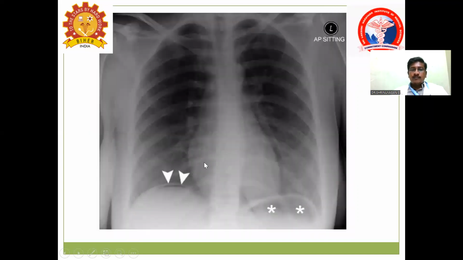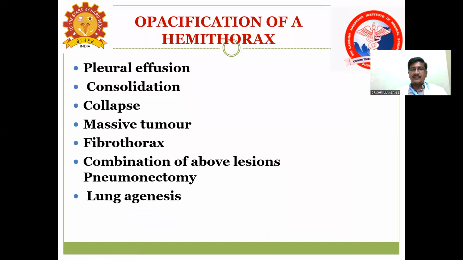And see the lung bases. In the lung bases, you can see the air under the diaphragm, and this is a normal gastric bubble, and what you are seeing here is the air under the diaphragm. So you should not leave the hidden spaces.